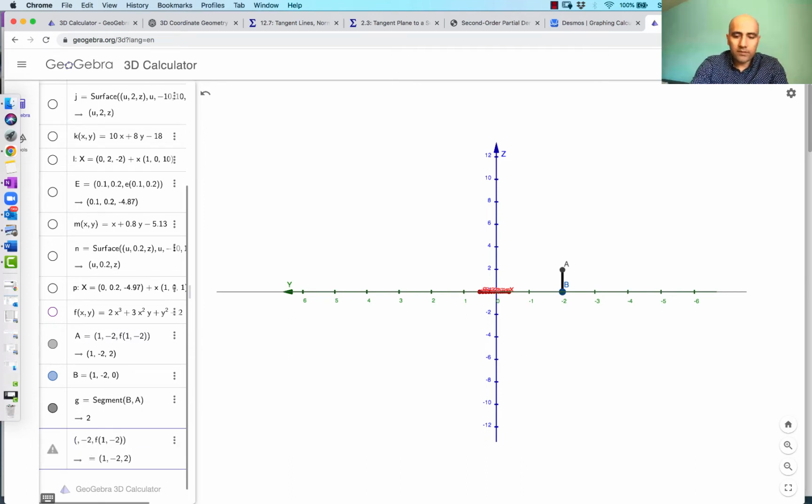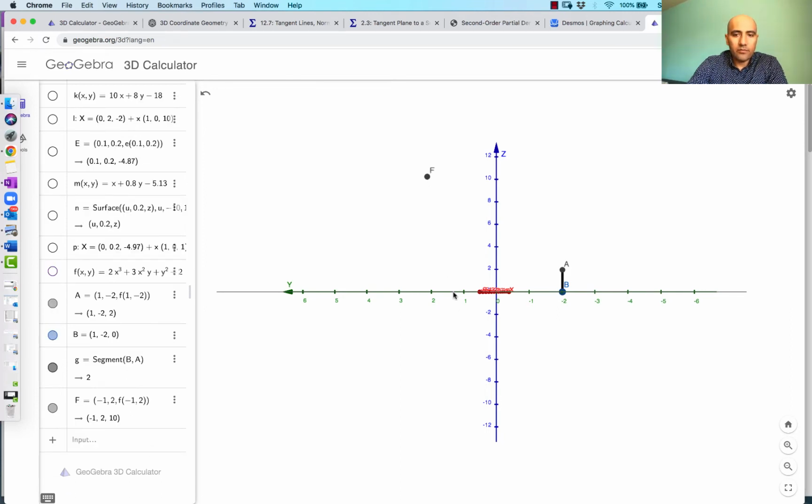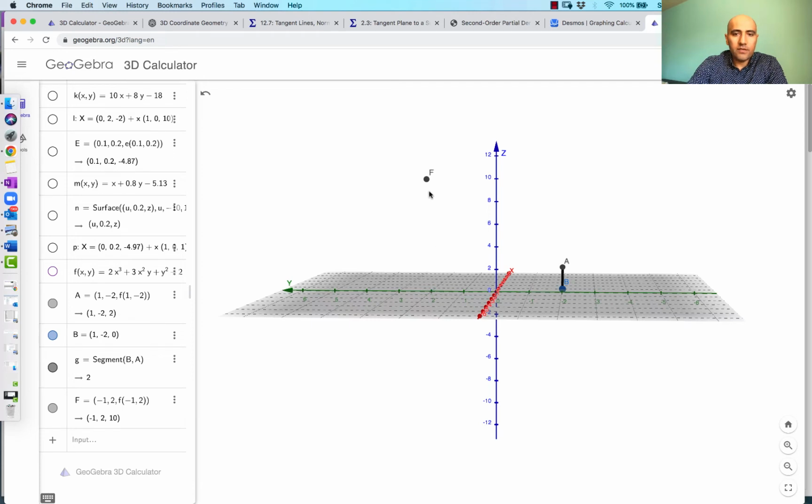Let's do the point (-1, 2). And that leads to some other point up there. Good. So let me tilt this a little bit. There we go. So you see it's some point up there. And then we can do it again.